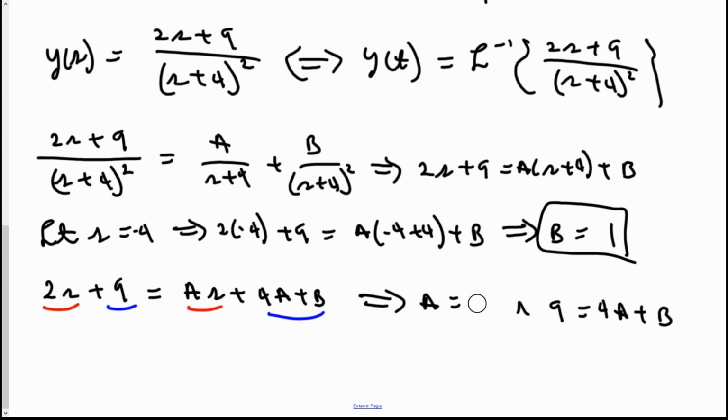I'm making a donkey out of myself. So A is equal to 2. If we didn't have the previous method for B, we could say 9 is equal to 4A plus B, so 4 times 2 is 8. Subtract 8 on both sides, 9 minus 8, you get B is equal to 1. But we don't need that because we got it already up there. All we were looking for was the value for A.